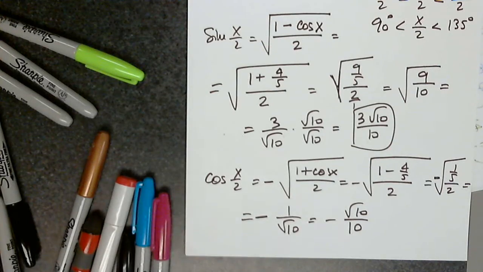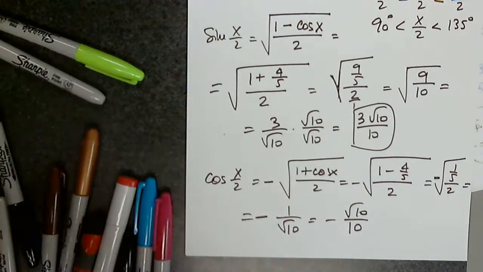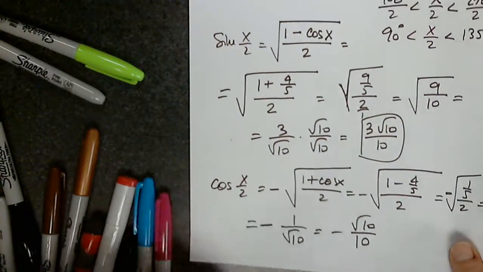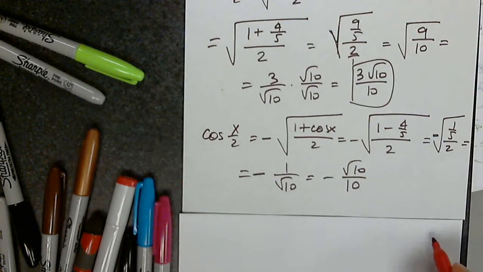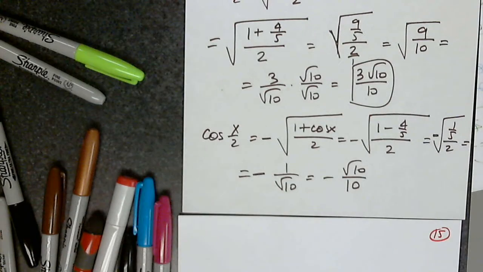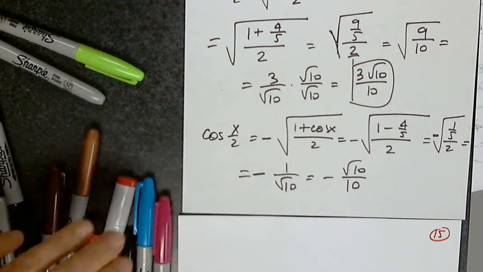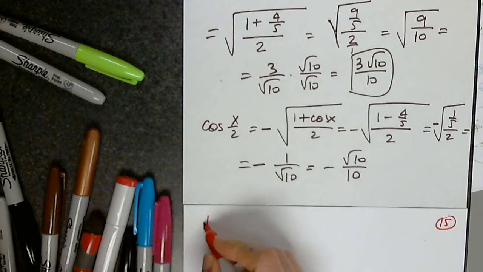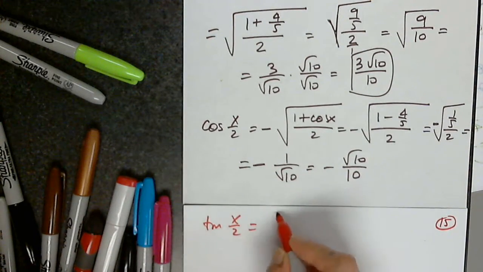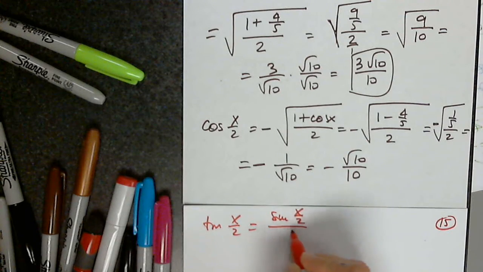Excellent, yes. So now, therefore, I'm not going to use the formula for tangent. That's why I'm not forcing you to remember that. Because once you have sine and cosine, you need the tangent. You don't need an extra formula. But if it's needed, it will be there. So final tangent of x over 2 will be sine x over 2 over cosine x over 2.